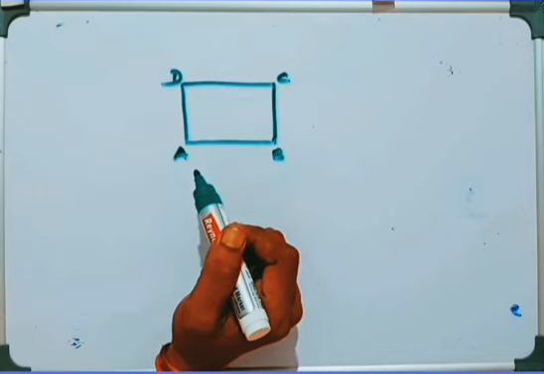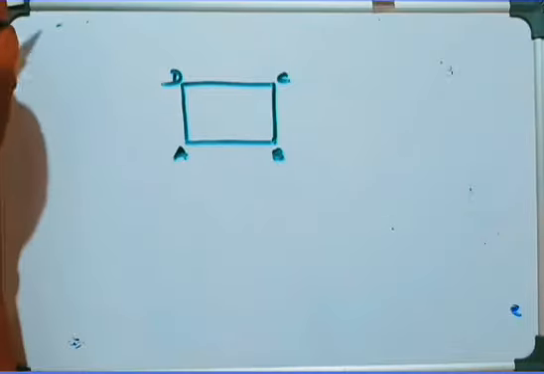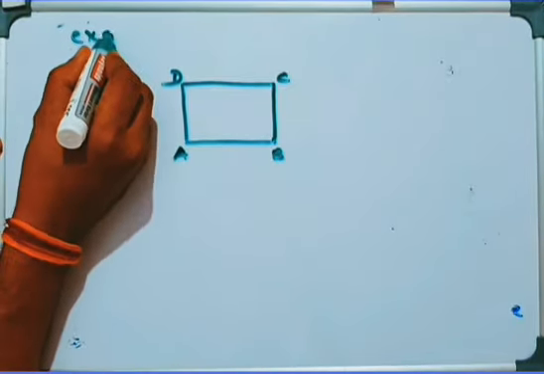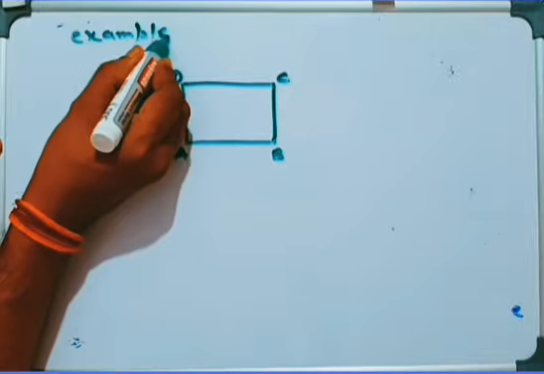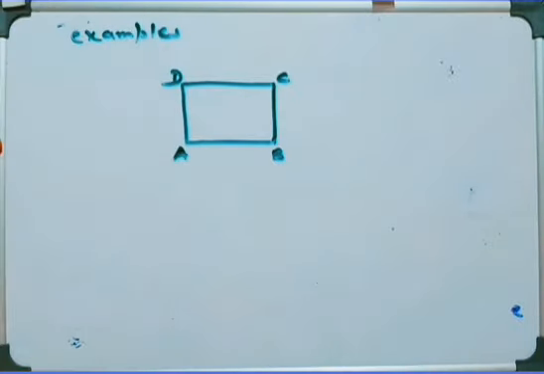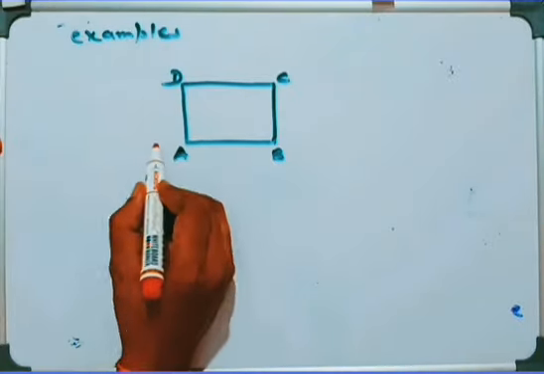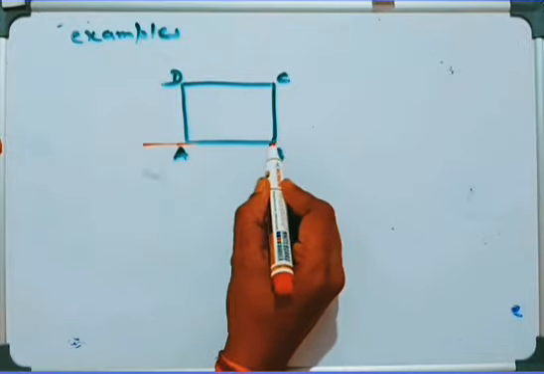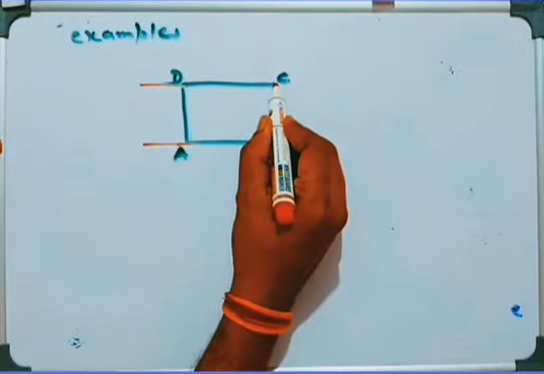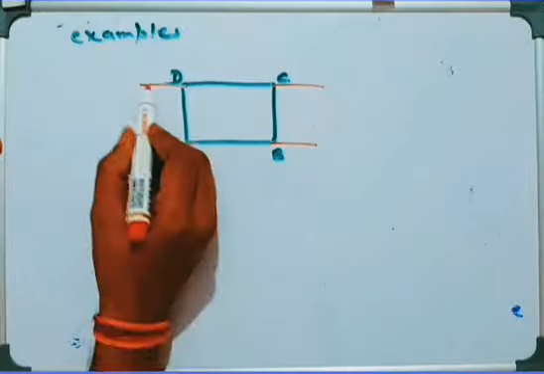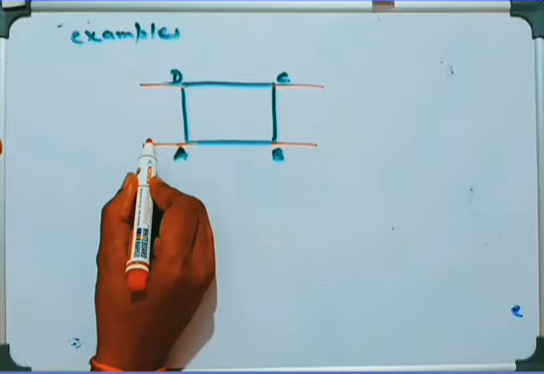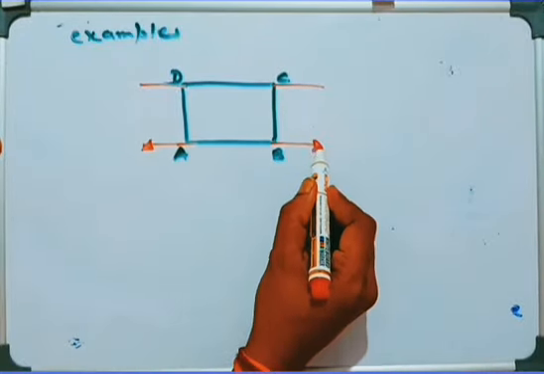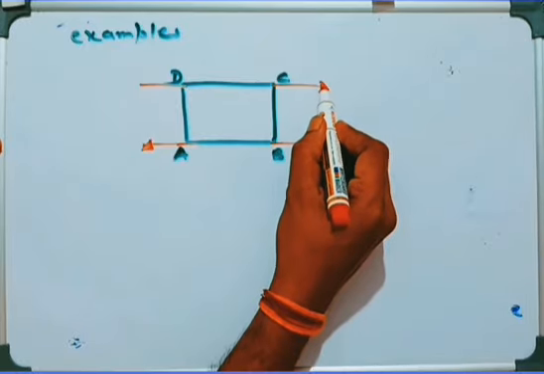Now see some examples of lines here. Now we will extend AB, CD and put arrowheads which make them lines.